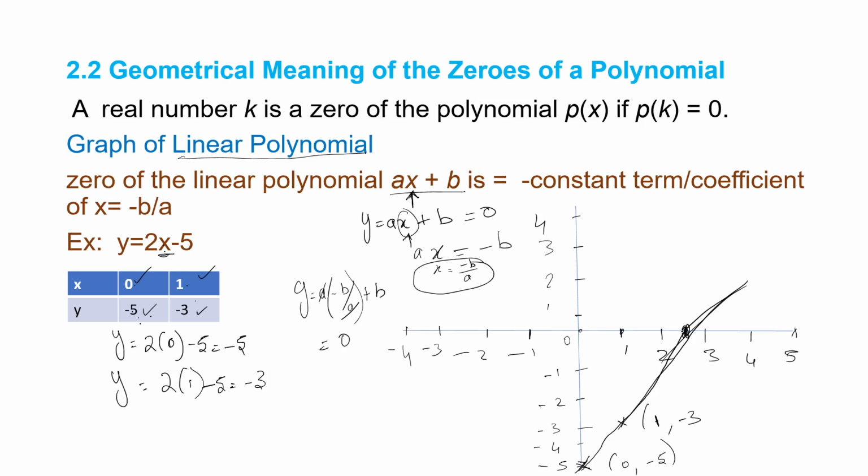So if I extend, this point will be, I'm sorry, plus 2.5. Okay. So it will cut the x-axis at one point. That point is, suppose it is 2.5 and the y value is 0.